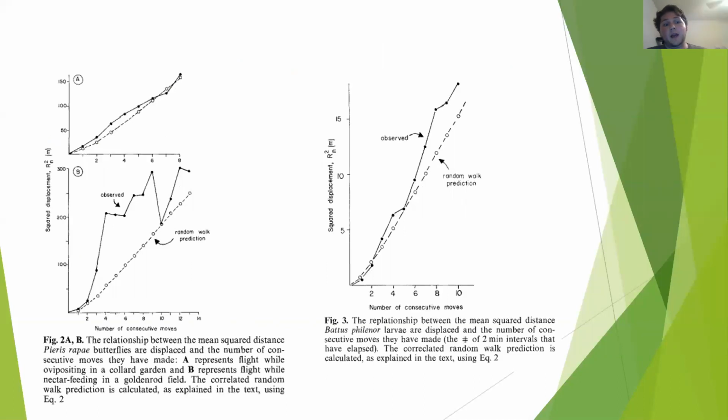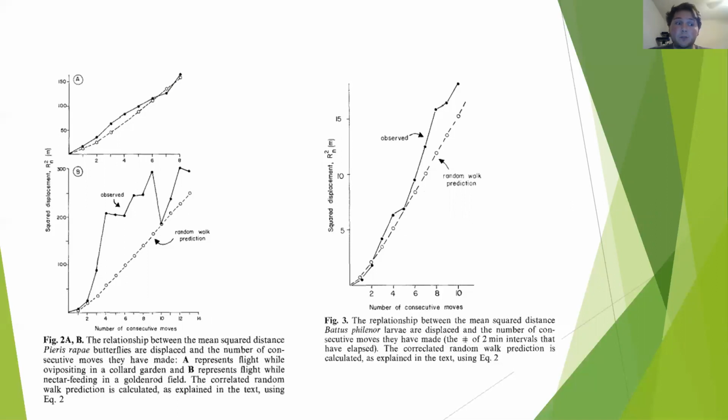And so for A and B, A is the random walk prediction in the non-dark circles, and the dark circles are the actual data that they had for when these butterflies were looking for locations to oviposit.